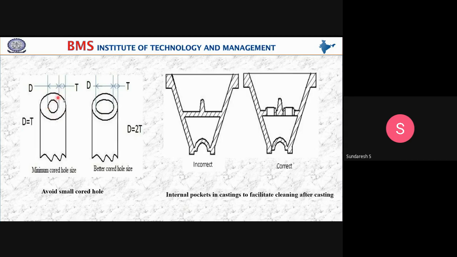Here it is D equal to T, and here we have made D equal to 2T. In the sense, we have to avoid using small core holes and internal pockets in casting to facilitate cleaning after casting. This is the incorrect way and this is the correct way.